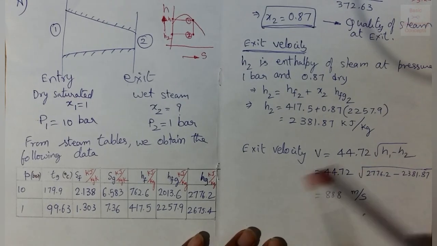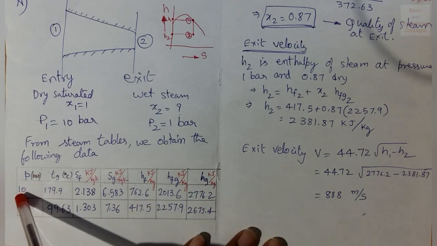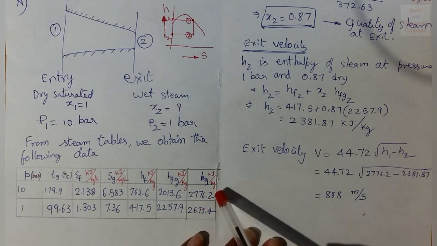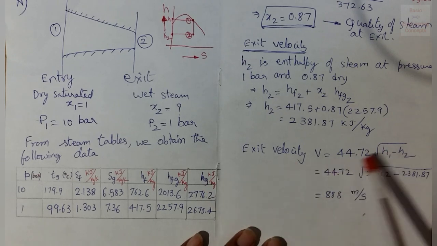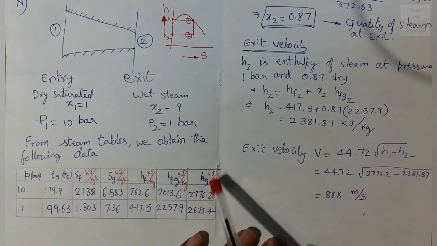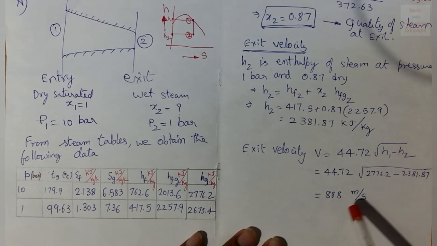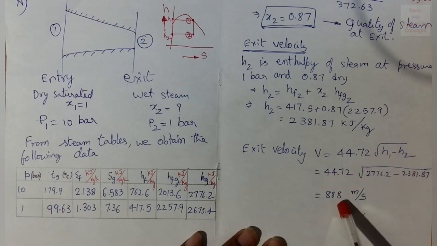H1 is Hg at the first condition, 10 bar pressure, which is 2776.2. We write H1 as Hg because point 1 is dry saturated, and G stands for the dry saturated region. So 44.72 into this value, you will get 888 meter per second.